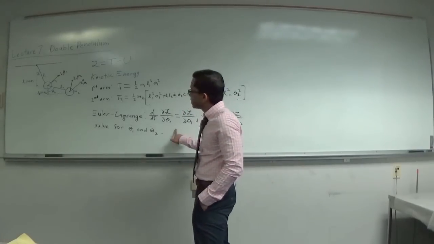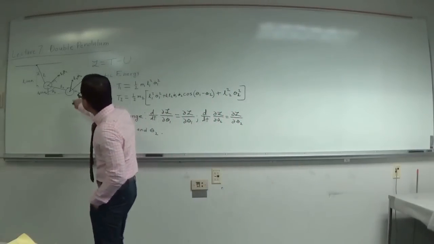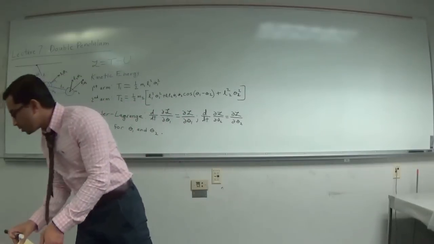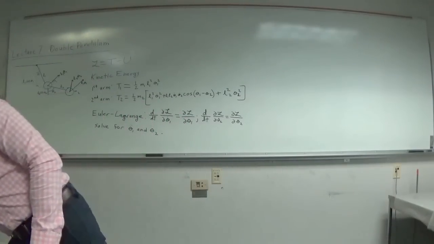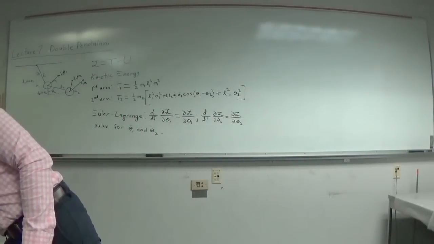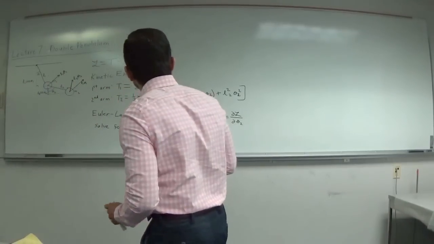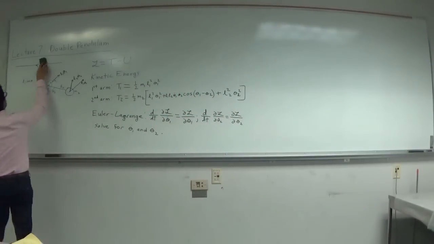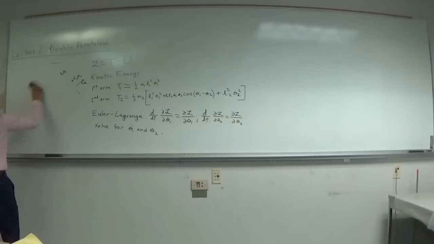So that's if we have the simplified form of a point mass. But now, let's say we wanted to do something like this. That's going to be a little different, significantly harder.